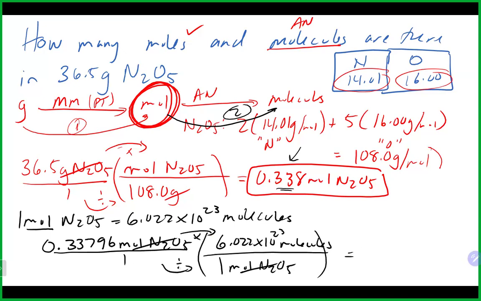In this case, we're really just multiplying. I'm going to use the whole number, not the rounded number, in my calculator, 6.022 to the 23. I'm making sure I'm using my exponent button as well, times my 0.33796. That's going to get me 2.04 times 10 to the 23. These would be molecules of N2O5.